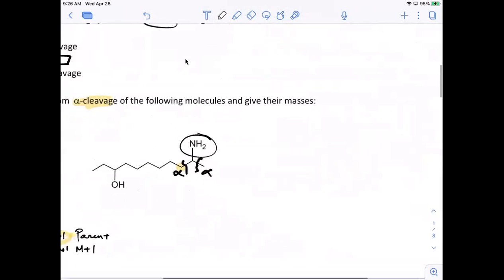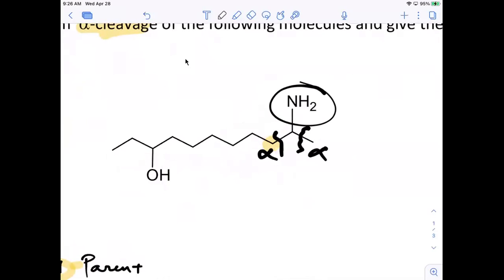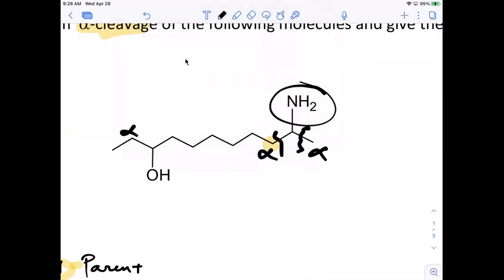So let's look at the second molecule. I need a volunteer to do the alcohol alpha cleavage. Keep in mind, this is alpha right here, that's alpha and that's alpha. So this is where you're cleaving, here and here.